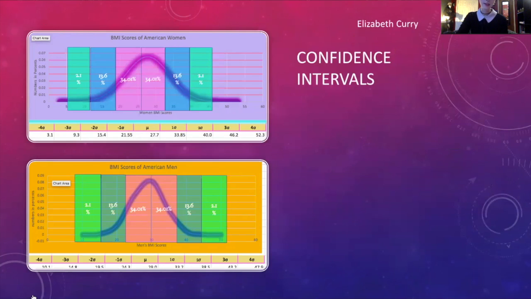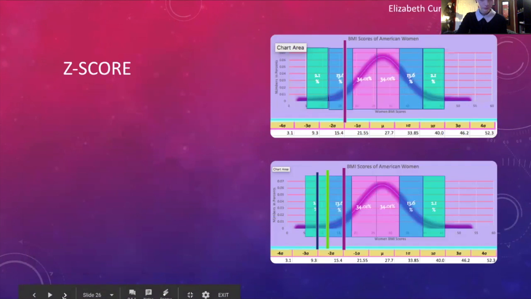Having said that, let's go to the z-score. The z-score is the number of standard deviations a data point is from the mean. For my BMI, mine is 18, versus Jackie's, who is at 20, and my friend Laura, who's at 21.